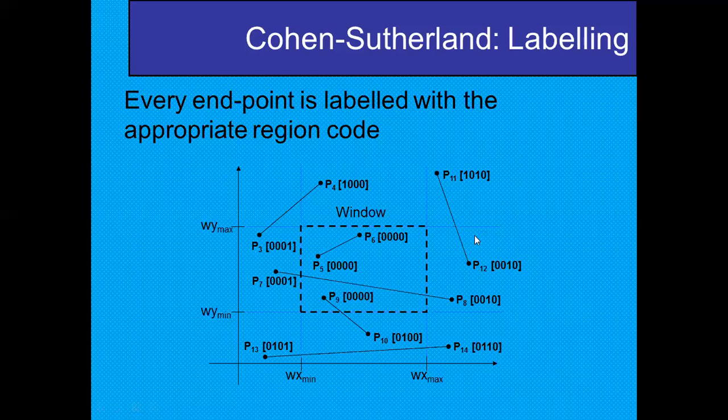Now there is no need to solve these points, because this line is completely inside. No need to take any decision because you are already aware this is 0000 and completely lying inside. But what about these points P9, P10, because this is intersecting the window edge? Then how will you solve this?